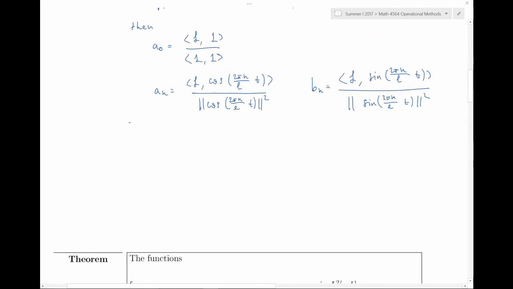Expressing inner products as integrals, we get that a naught is going to be the integral from a to b of f multiplied by 1, so it's just f of t dt.